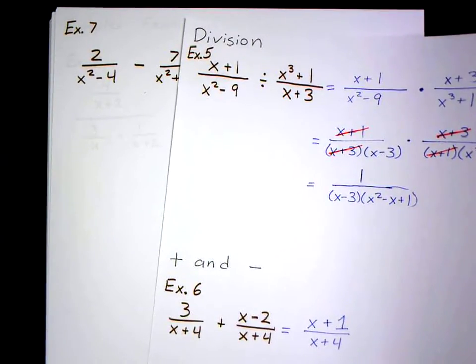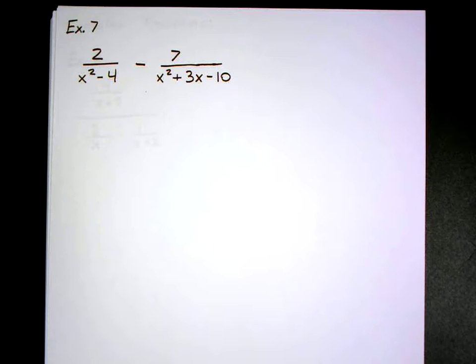All right, 2 more. They're longer, but just 2 more. All right, so this is where we start getting into some work, where we don't have like denominators.